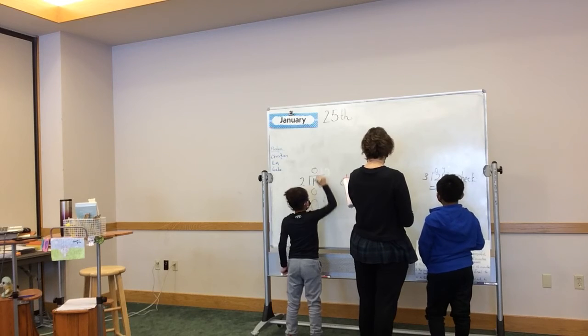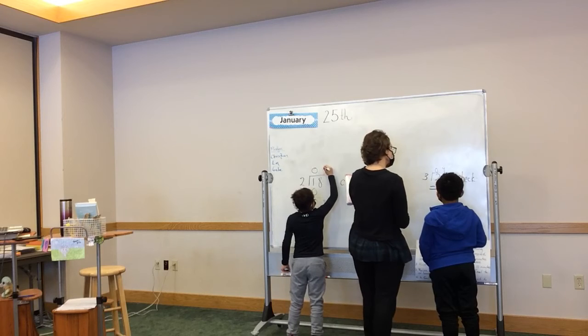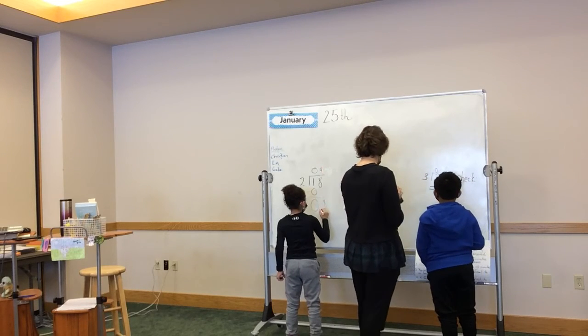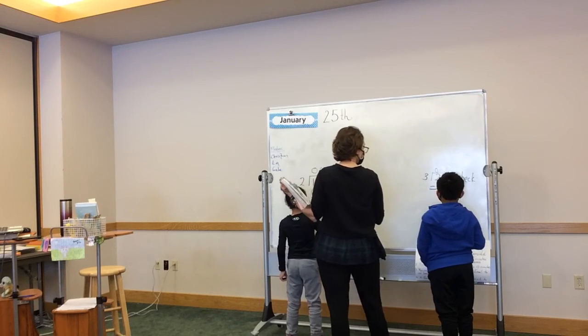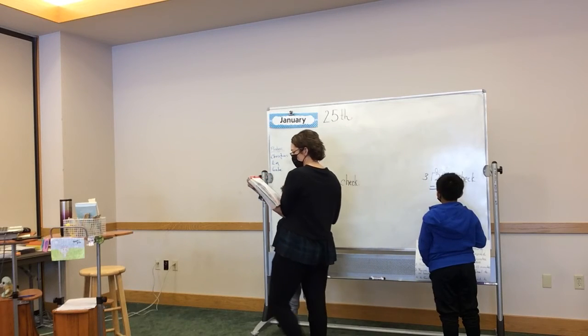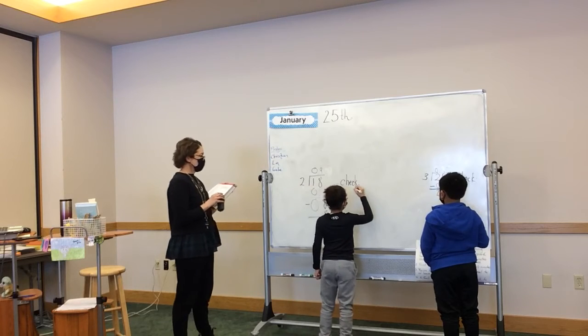How many times does 3 go into 27? How many times does 3 go into 27? This is why we have to be practicing our multiplication facts. Good job, buddy. Perfect.